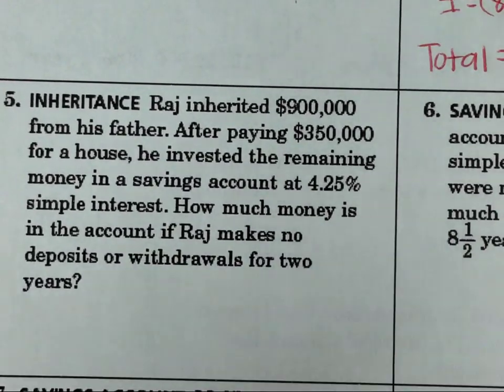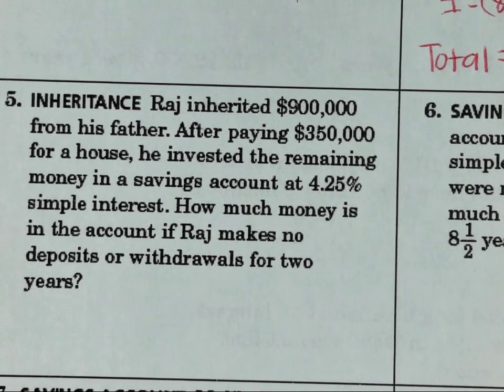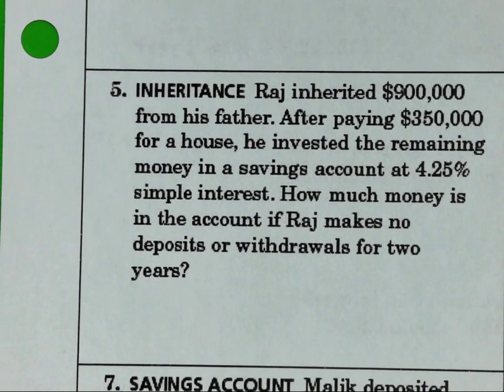So number 5, it says that Raj inherited $900,000 from his father. After paying $350,000 for a house, he invested the remaining money in a savings account at 4.25% simple interest. How much money is in the account if Raj makes no deposits or withdrawals for 2 years? Okay, so he initially had $900,000, and then he decided to buy a house for $350,000.